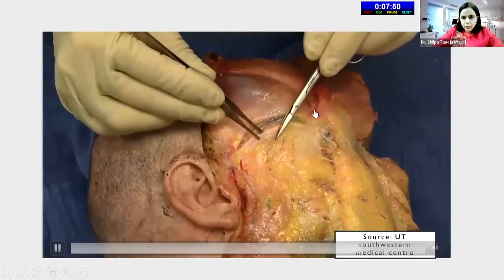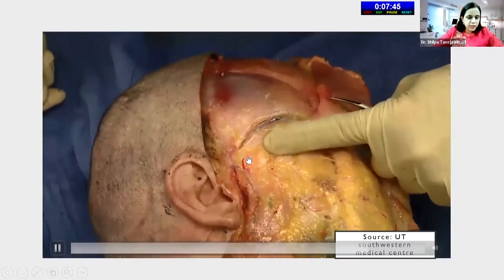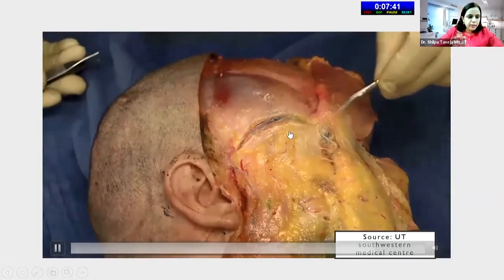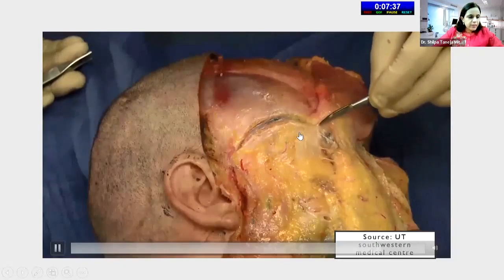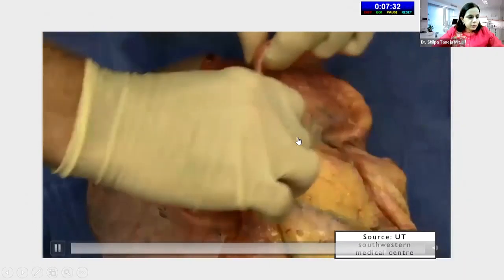The middle temporal vein, as we can see here, is the most prominent structure here. It drains into the jugular vein and emboli can travel retrogradely and can cause danger to life. This is also an important structure to remember here, the middle temporal vein.